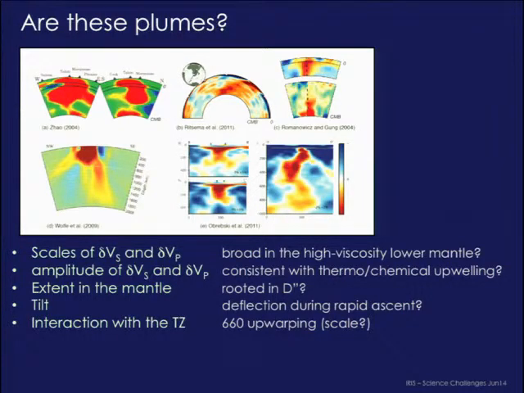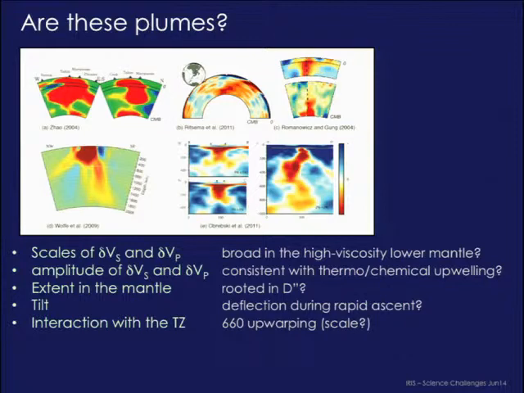So they must have an origin that is not passive ridge dwelling, but they really are connected to deeper mantle processes. So the question is, what are these things? Are they plumes, and do they actually match our geophysical expectations for plumes?